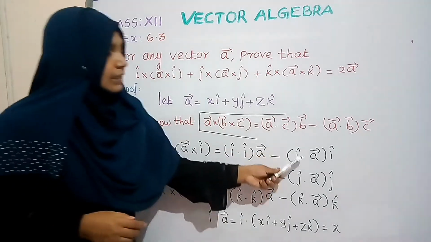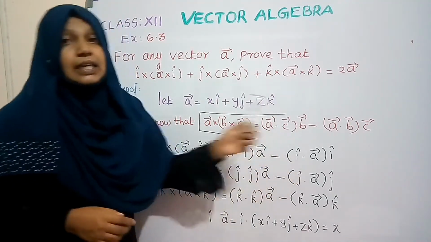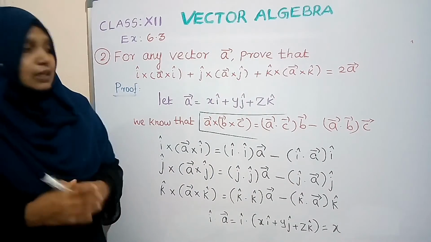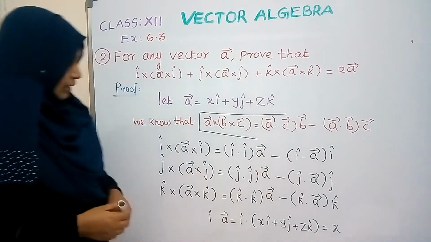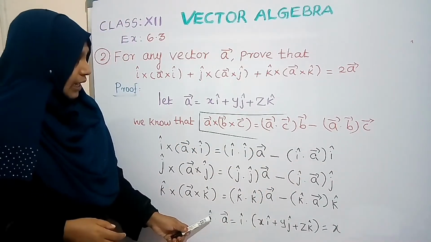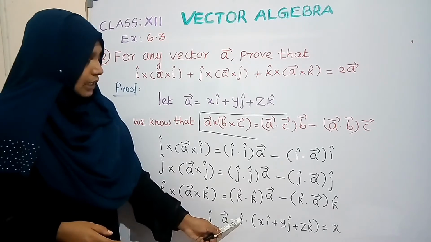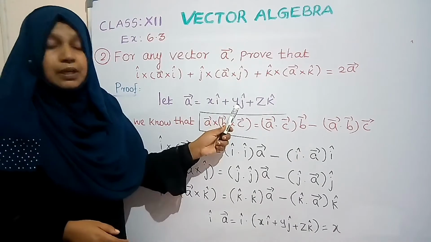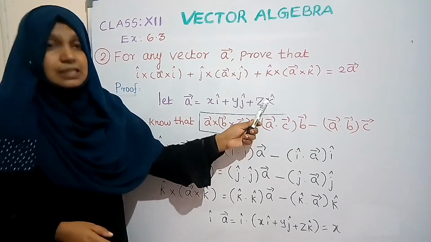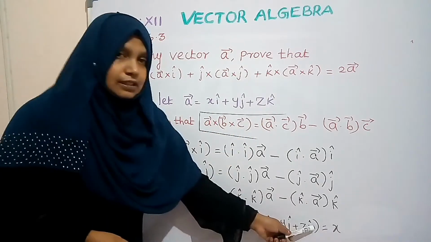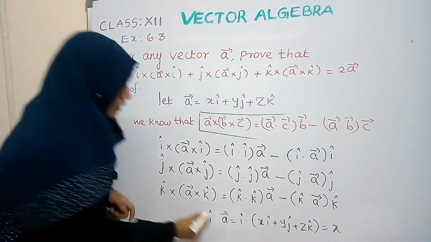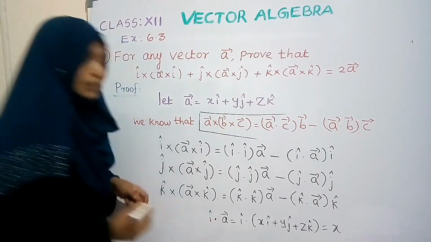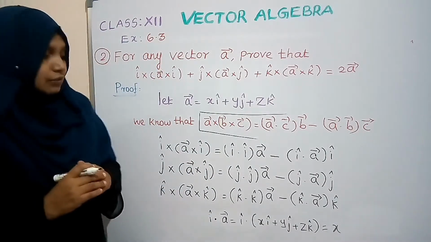What about the second term? i cap dot A vector. That we should calculate. I have written it here, i cap dot A vector. We consider A vector as x i cap plus y j cap plus z k cap. Now calculate the dot product. How will you find the dot product? Multiply the coefficients.